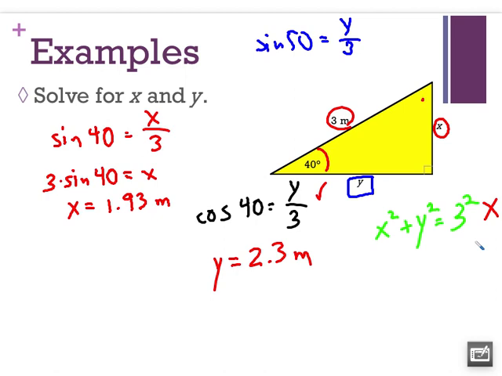If this is correct, then 1.93 squared plus 2.3 squared should equal 3 squared. Don't use the stored information, just do this calculation. Take 1.93, square it, add 2.3 squared, and see, do you get 9?